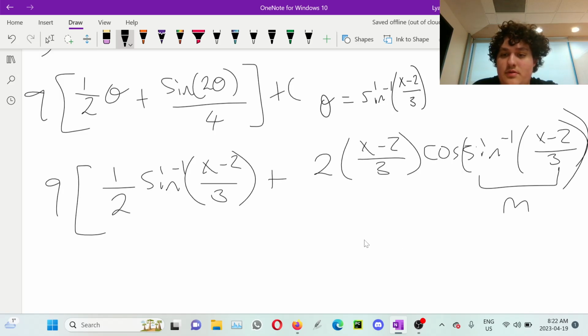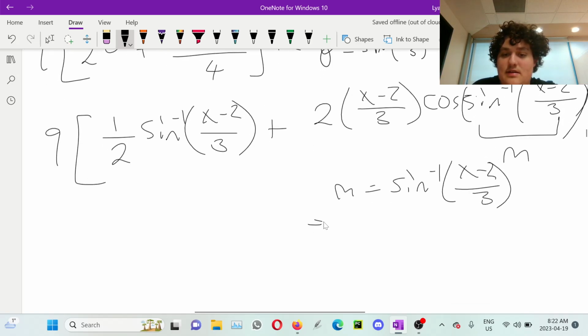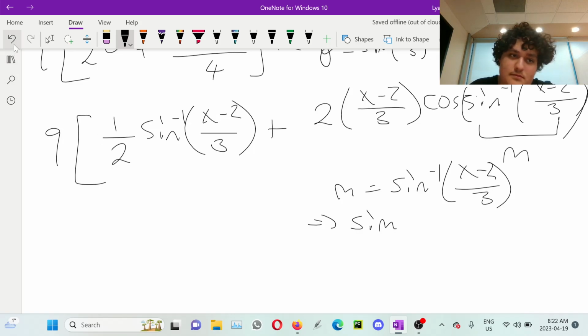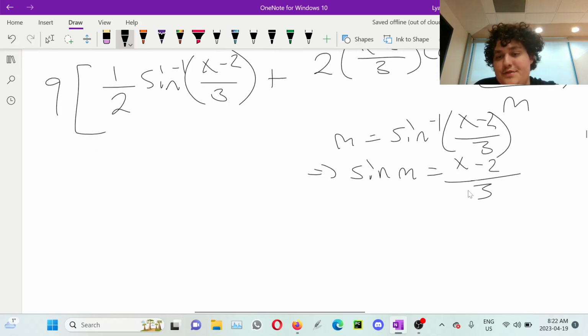So we know that m equals sine inverse. This means that sine m equals this one. Okay, so sine is opposite over adjacent.